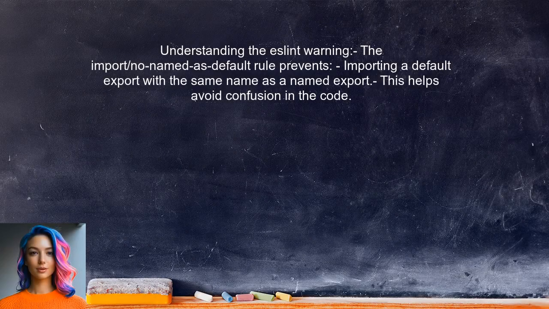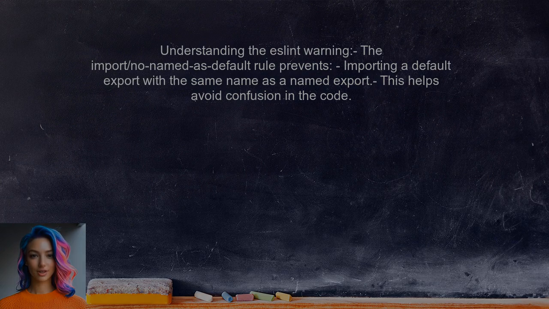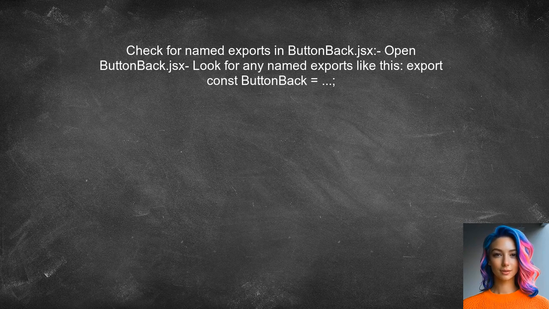To resolve the ESLint warning, the user should first understand the reason behind the import/no-named-as-default rule. This rule prevents importing a default export with the same name as a named export from the same module. Next, the user should check if there are any named exports in the button.back.jsx file. If there are, they need to ensure that the default export does not share the same name.